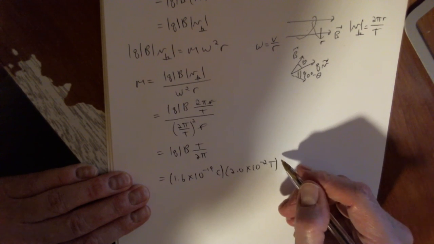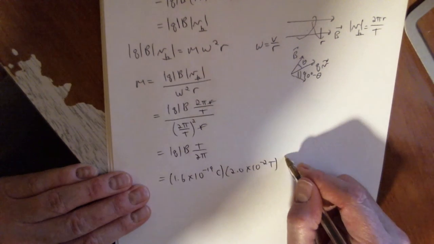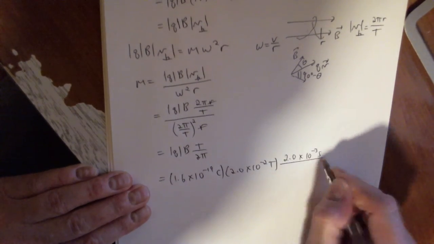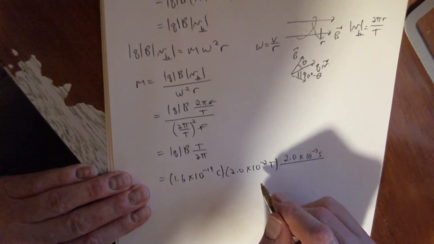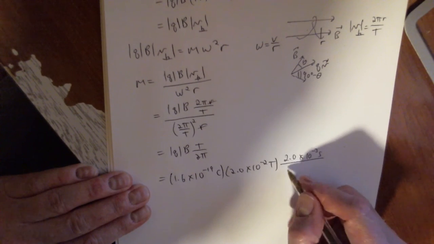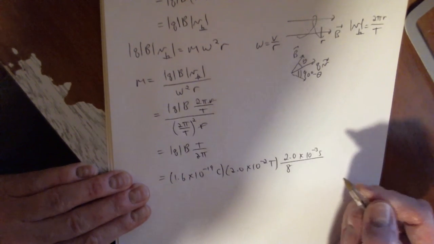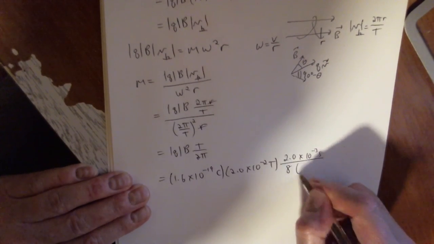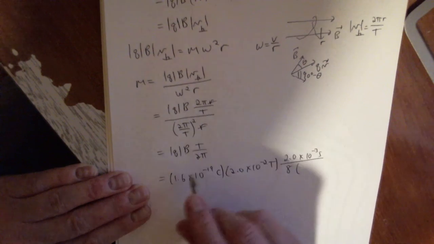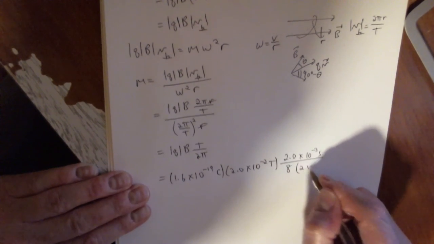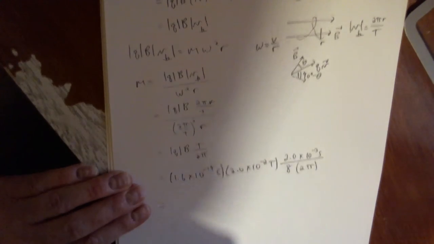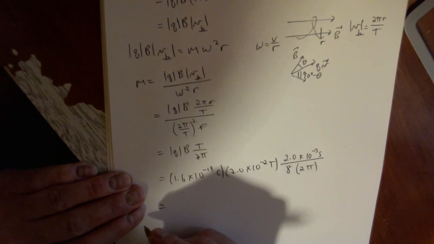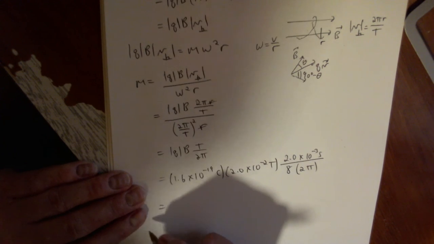Period is the time that's given, which is 2 times 10 to the negative 3 seconds, divided by 8, because the given time corresponds to 8 revolutions. Period is the time for 1 revolution. And it's the period divided by 2 pi. And I get that the answer is then 1.3 times 10 to the negative 25 kilograms.